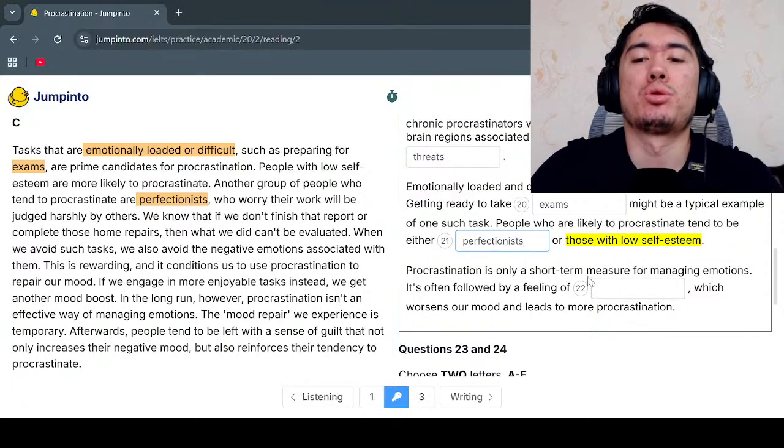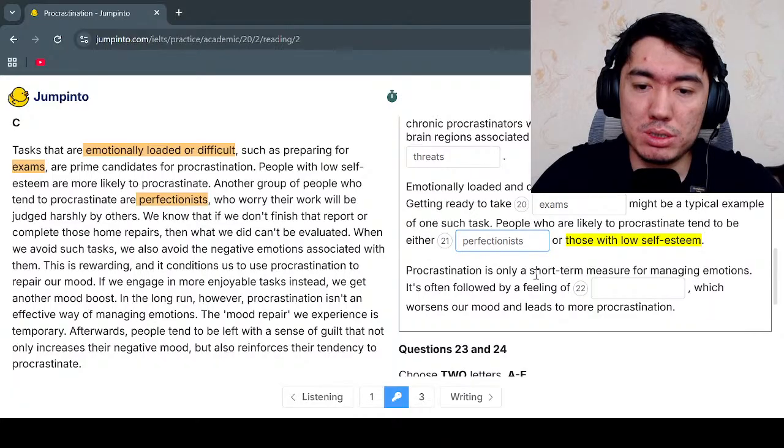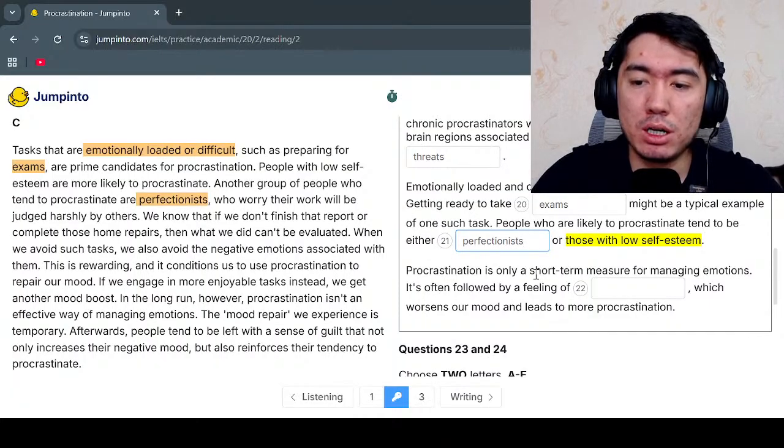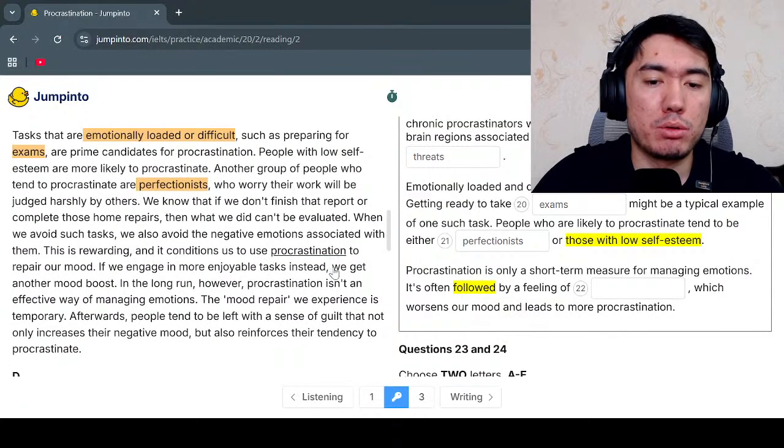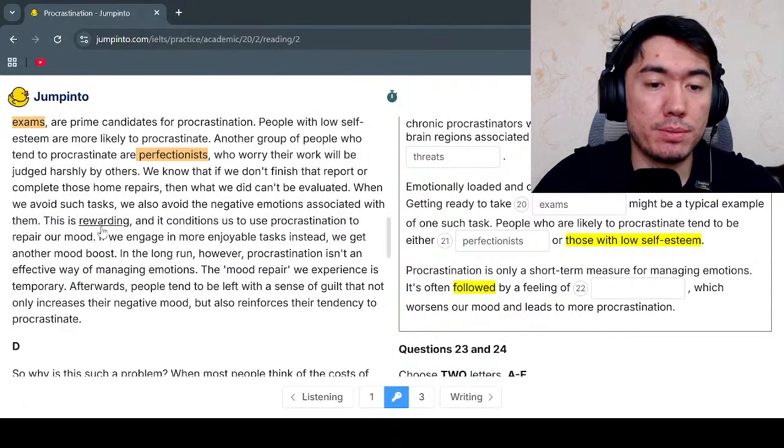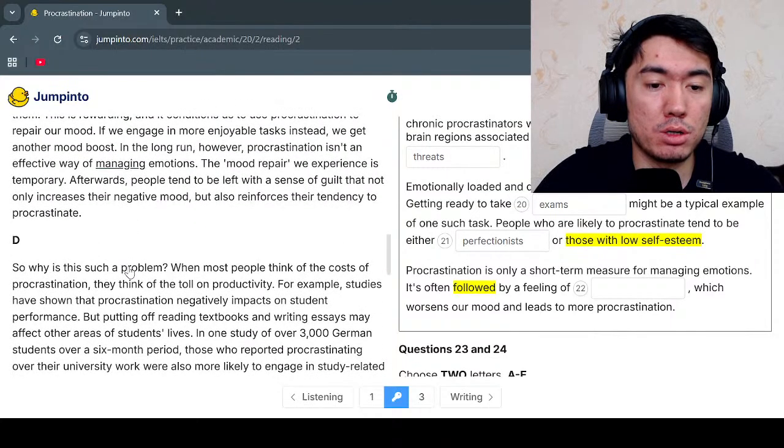Procrastination is only a short-term measure for managing emotions. It's often followed by a feeling of something which worsens our mood and leads to more procrastination. So what follows procrastination? Repair, more enjoyable task. We get another. Think of the cost.